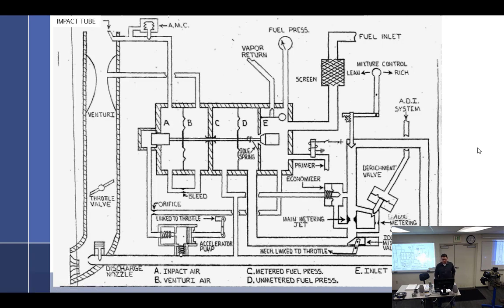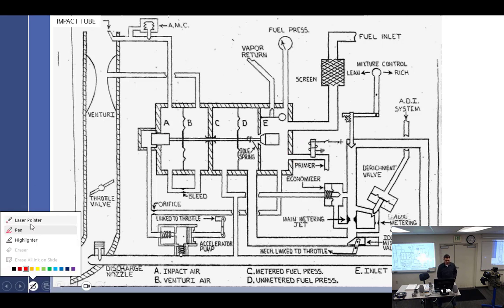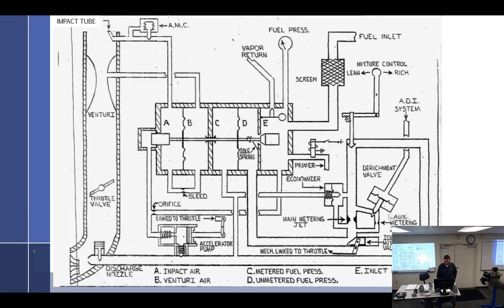One of the ways I had done this, I think I got from a book: we gave everything a number. So air enters the impact tube, enters chamber A, and this higher pressure enters A. If we give this a value of, say, 1, we'll give that 1.